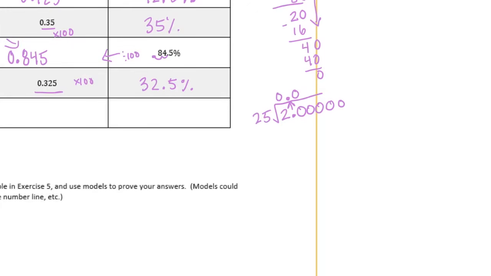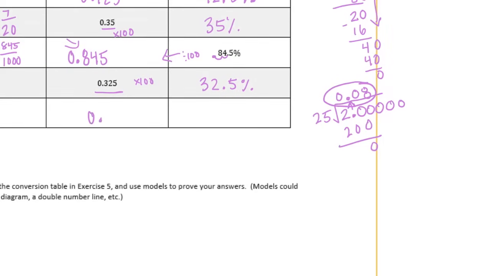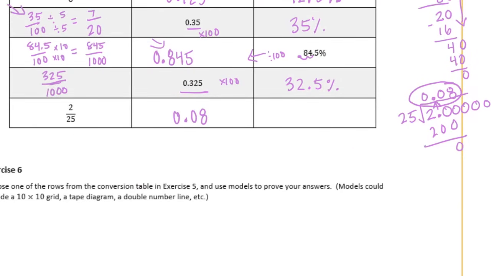So it would go into 200, double that many, 8 times. And that is 200. So I don't need any of those zeros because I have no remainder. So this is equal to, as a decimal, 8 hundredths, which would be 8%.